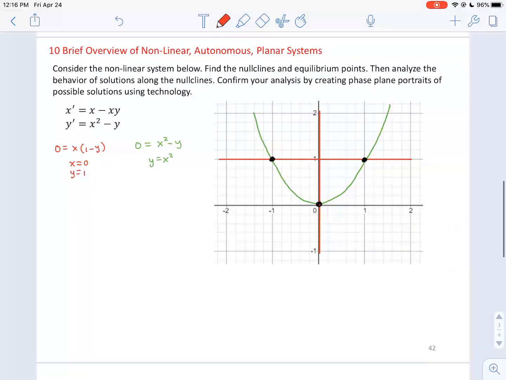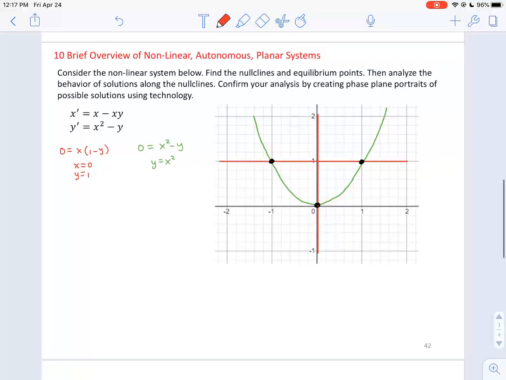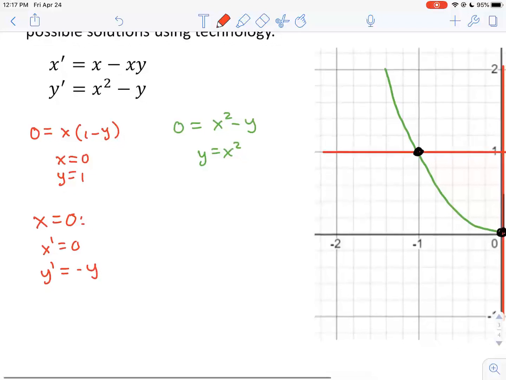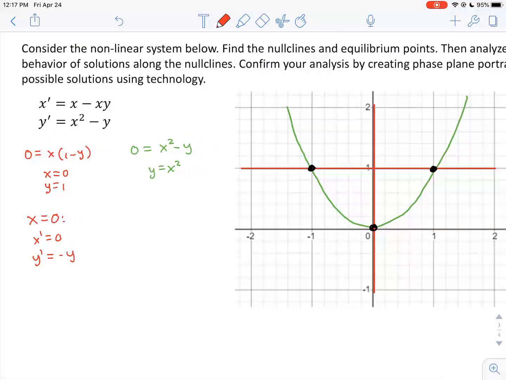Now let's analyze behavior along the x nullcline, each portion of it. Let's start with x equals 0. Plug in 0 to the differential equations, and you get x prime is 0, which isn't surprising since that's part of our x nullcline, and y prime is equal to negative y. So whatever y is, change its sign, and that's going to be what y prime is.